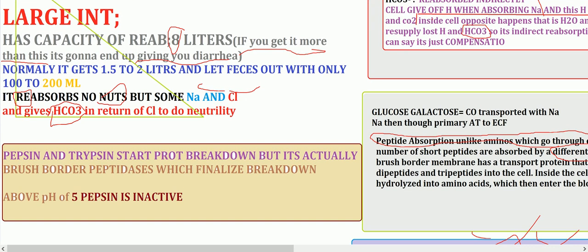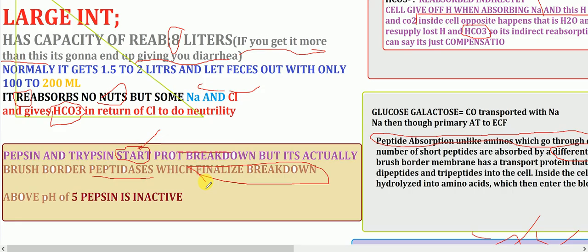Now here's the last portion that says pepsin and trypsin start. Sometimes we need to focus on a single word, and that is "start". In this line, the word "start" is important. Pepsin and trypsin start protein breakdown, but it's actually brush border peptidases which finalize the breakdown. Now this is really a beautiful line.